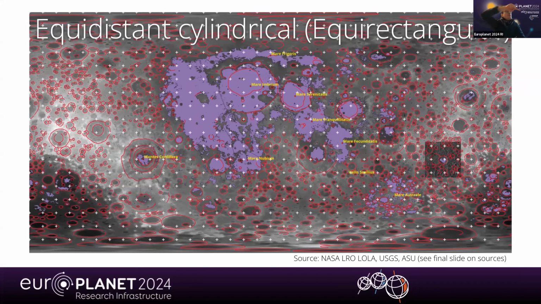So the rims of the craters, which are red here, are actually your proxy of the formation. And the lilac ones are the maria on the moon, so the basaltic lowlands you will hear also on Wednesday. And these are also a proxy of the surface, just for you to have a look. The crosses are each 10 degrees, so it's a proxy of the difference in latitude and longitude.